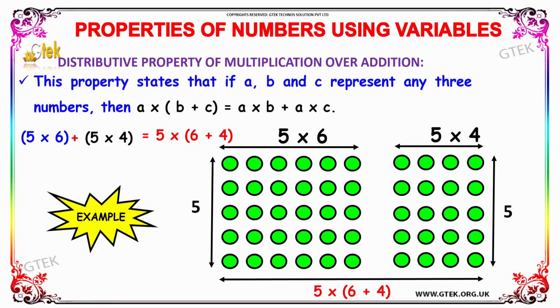So we have represented the distributive property of multiplication over addition by substituting the values. You can also find here how the logic of the distributive property of multiplication over the addition is represented over here.